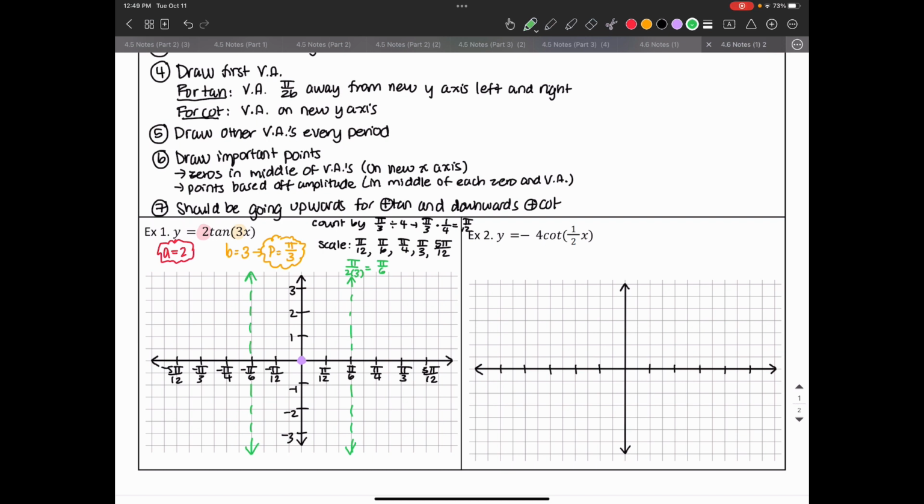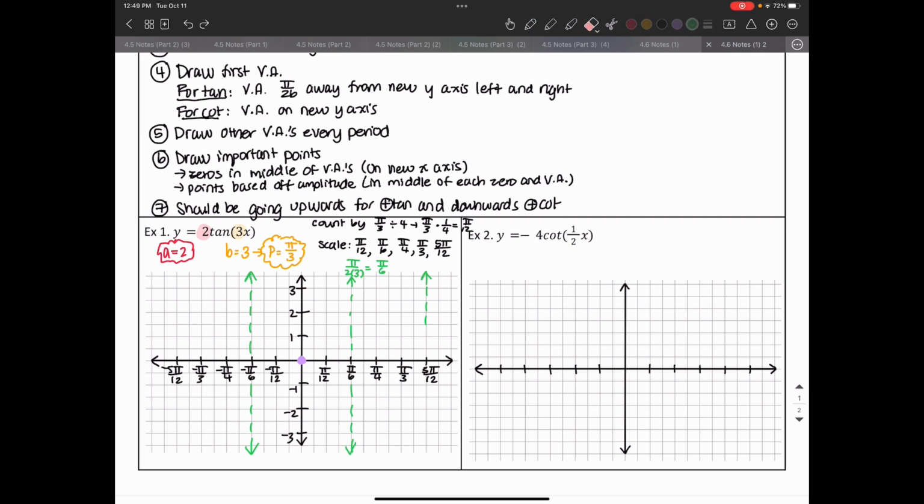So that's what I meant when I said this statement here. Then I know I'm going to count another pi over 3 away from that. Because of how I scaled the graph, it should be 4 tallies. Wait, that's not even on the line. What am I doing? Whoopsies. That should be on 5 pi over 12. Is that 4 away? 1, 2, 3, 4. Nope, just kidding. It's not 4 away.